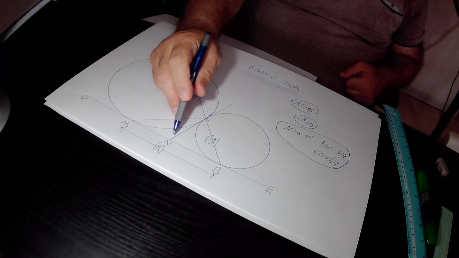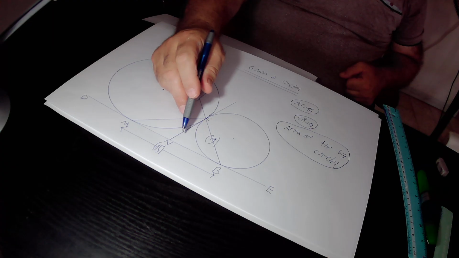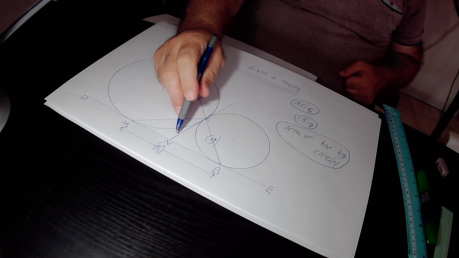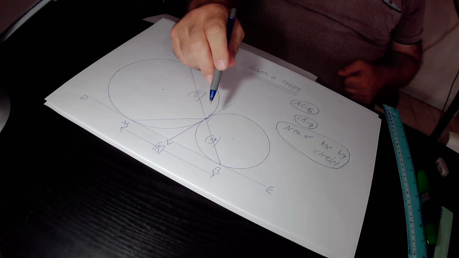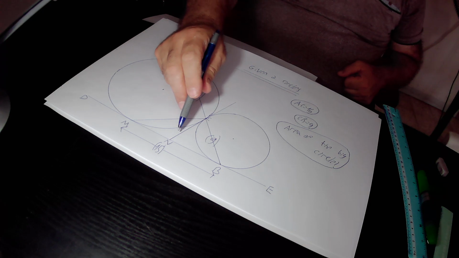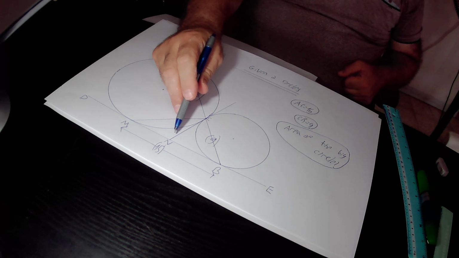Again, point N is a common external point in relation to both circles. Why? Because point N is not located inside those circles, nor on those circles. It is located outside the circles, and therefore point N is considered a common external point.